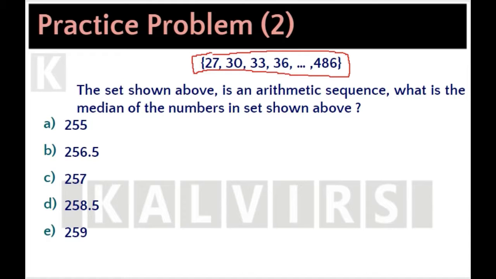We do not need to do that, because in an arithmetic sequence, the median is always equal to the mean, and it can be calculated as the mean of the first and the last term.